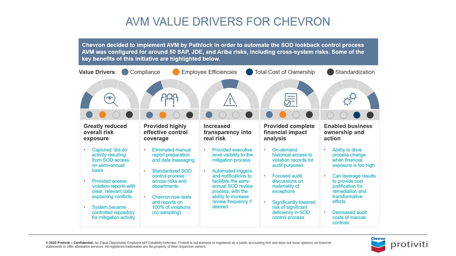But you've got data that exists in several ERP or other systems where there's a user access risk that needs to be monitored. So for Chevron in particular, we had 50 risks, as I mentioned, across SAP, JDE, two core standard ERP type systems, as well as Ariba, the procurement system.